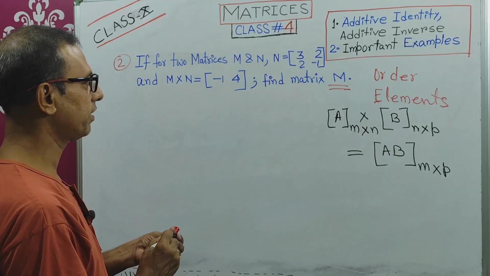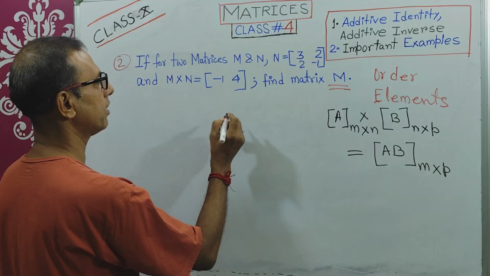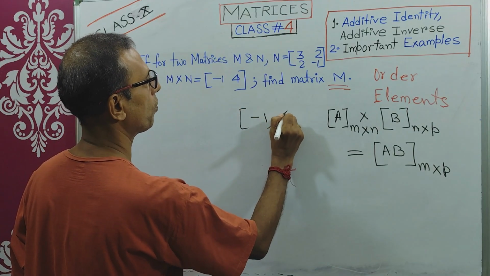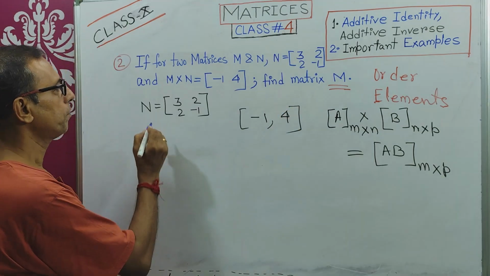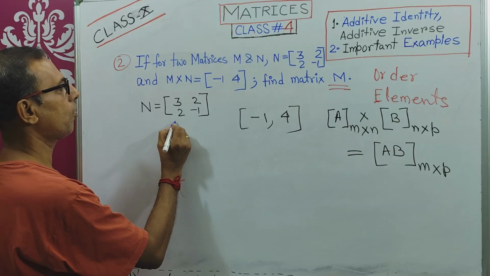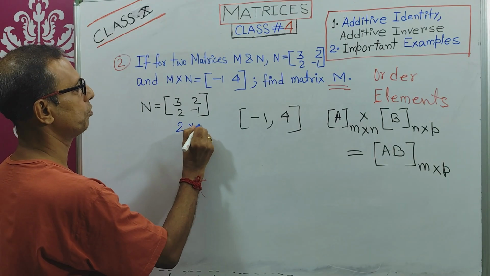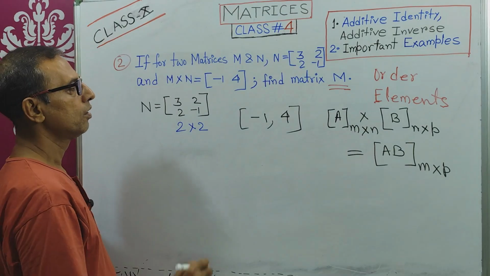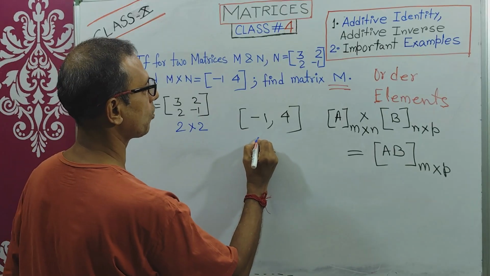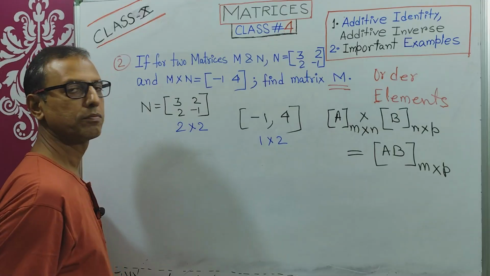So here the output matrix is already given, that is -1 4. Matrix N is given. What is the order of matrix N? It is 2 rows and 2 columns, so it is 2 by 2. The output matrix that is given is of order 1 row 2 columns.